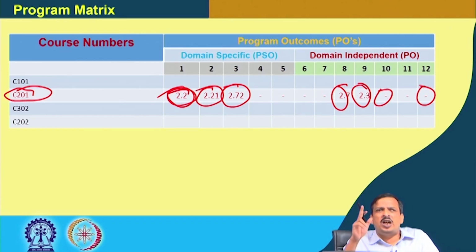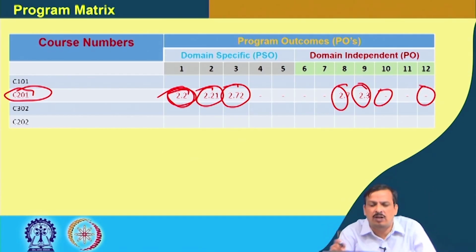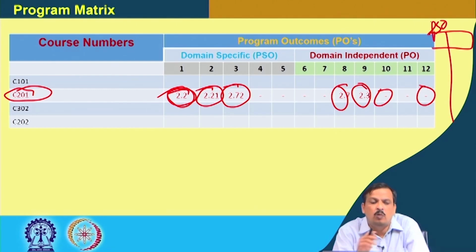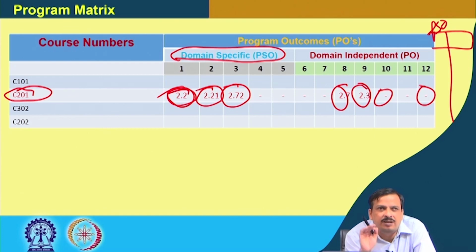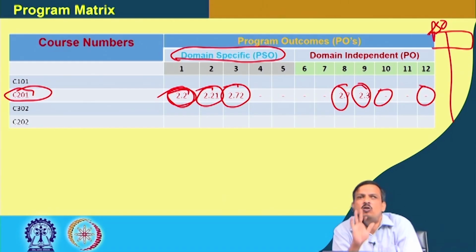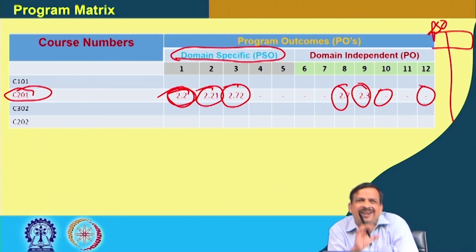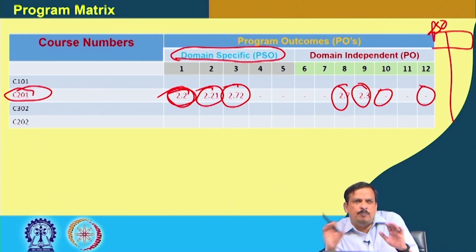There is a confusion about PSO. Sometimes people say, sir, how do I calculate the attainment of PSO also? Here I am saying domain specific outcomes are called program specific outcomes. Out of 12 attributes, 5 are domain dependent. Again I am clarifying that. Once I say out of 12 PO, 5 are taken for electronics, then that is domain dependent.